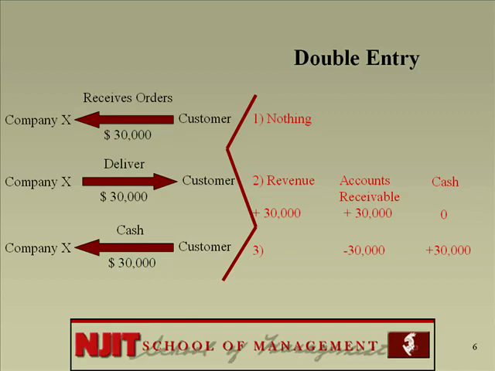When the company gets the cash, cash increases by 30,000. And now the customer doesn't owe you anything. So accounts receivable decreases 30,000. So at this point, the double impact is cash plus 30,000, accounts receivable minus 30,000.